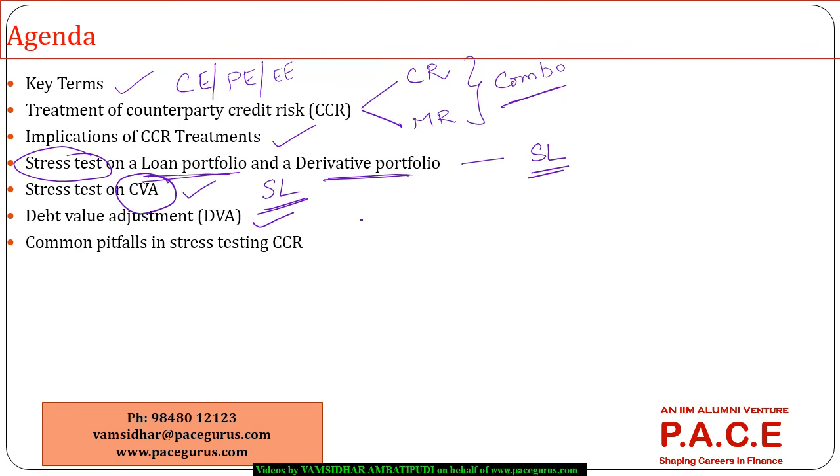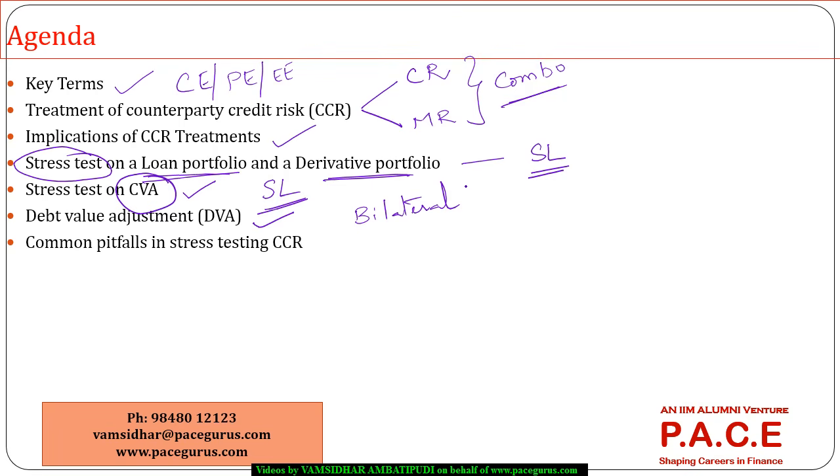Similarly, if I am getting into a bilateral credit value adjustment, wherein I am considering not only the default of my counterparty to me, but also I am looking at the loss that is coming because of my default to my counterparty.